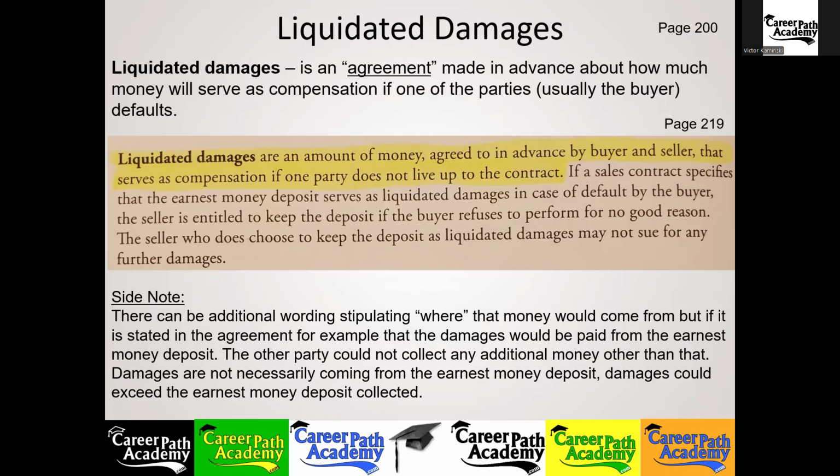Okay, that's different than saying in a contract that the good faith deposit money that the buyer put down will serve as compensation, because then whatever that money is, that's all that you could collect. If you say in the contract that liquidated damages is a certain amount, you could say, okay, well, they have some money that they put down as a deposit. We'd like to keep that to start with, and then we're going to go after them for the balance still.